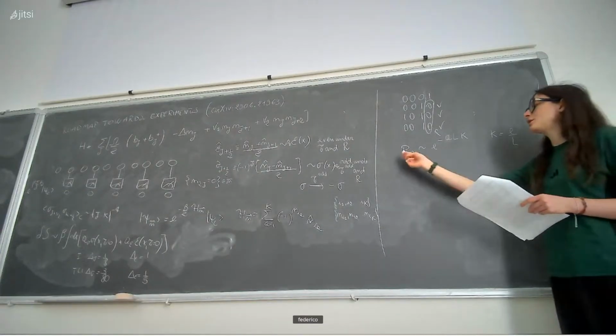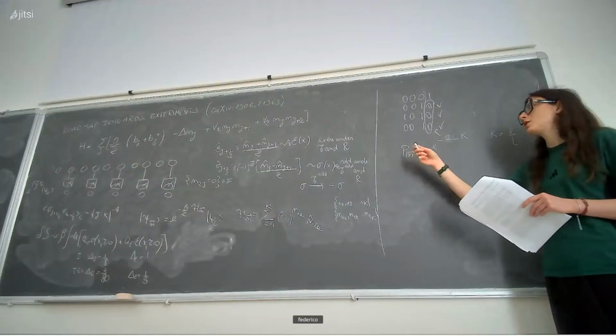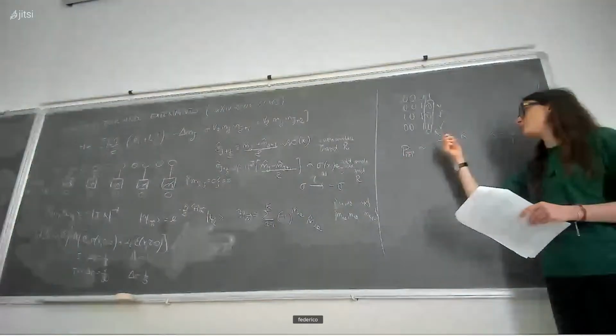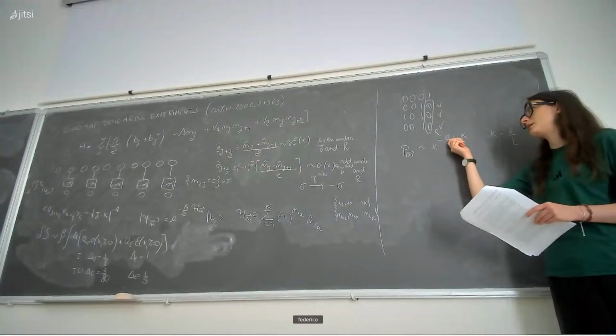So in order to find a probability which is not too small, A must be a small number.